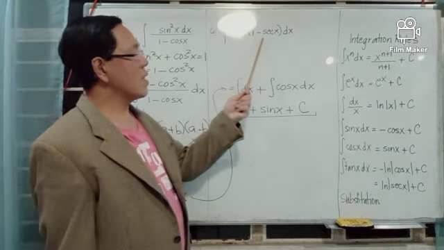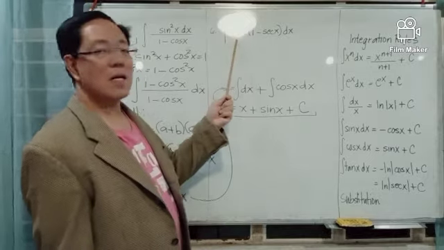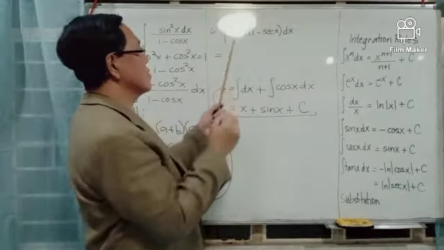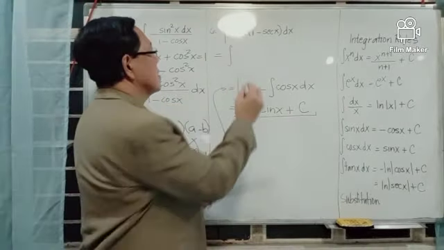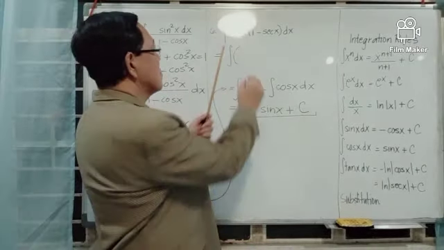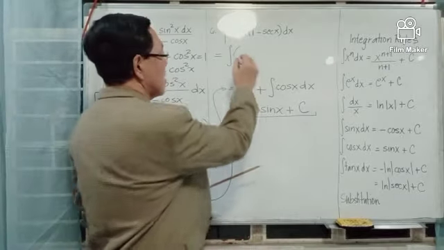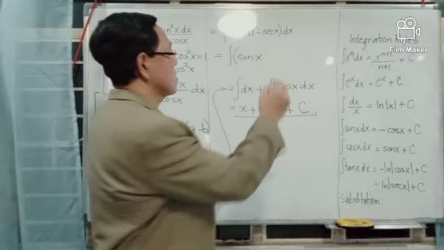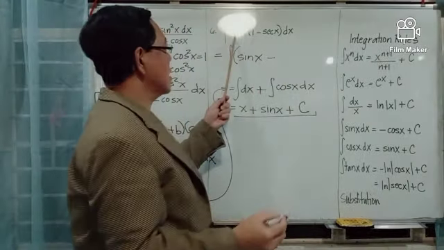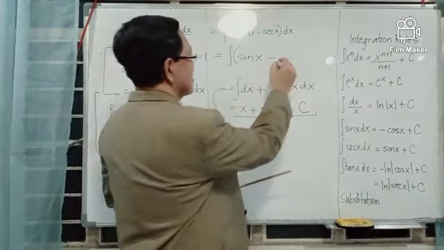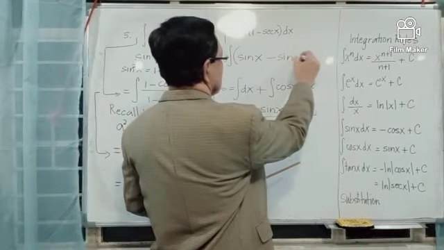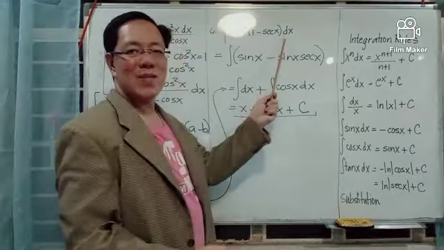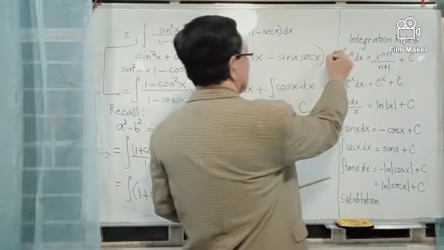We multiply 1 and negative secant x by sine x. Hence, the given integral is equal to the integral of sine x multiplied by 1, which is sine x, minus sine x multiplied by secant x, and we integrate with respect to x.